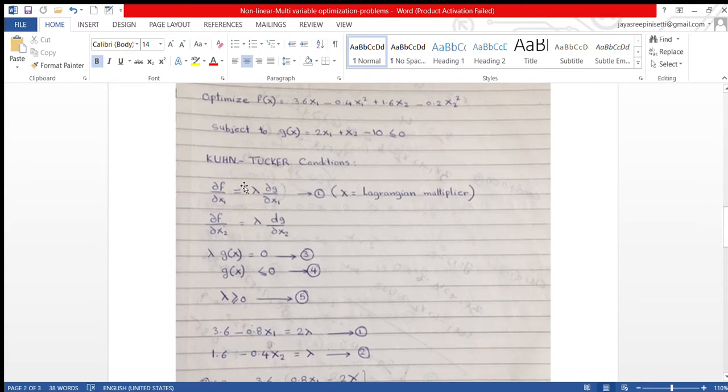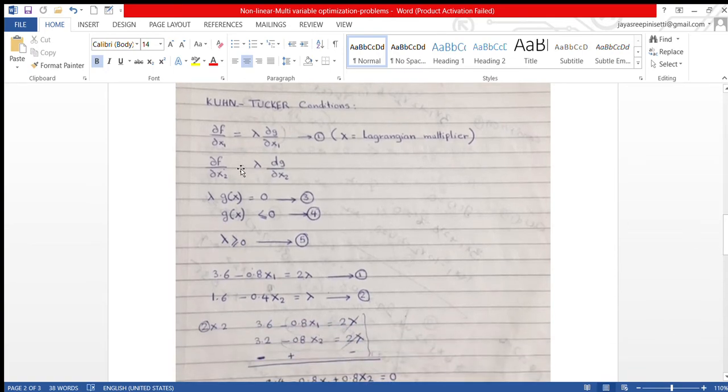So what is the first equation you get? Lambda is the Lagrange multiplier. By partially differentiating f of x with respect to x1, equals lambda times the partial differentiation of g of x with respect to x1. The second equation you get with respect to x2.